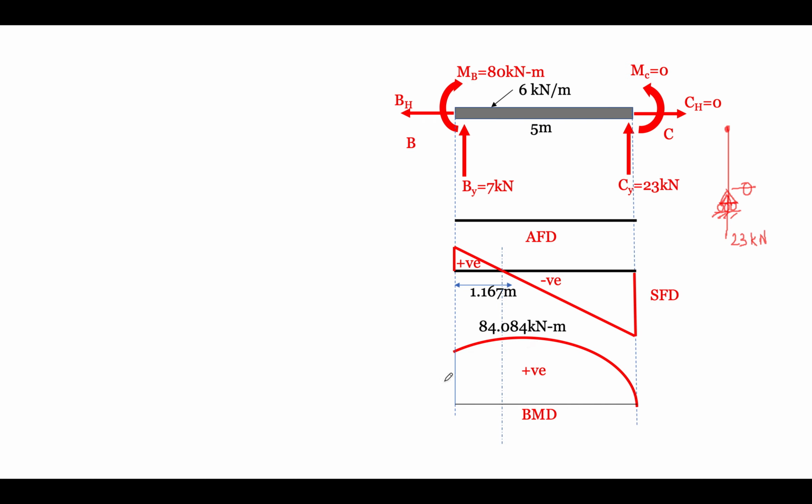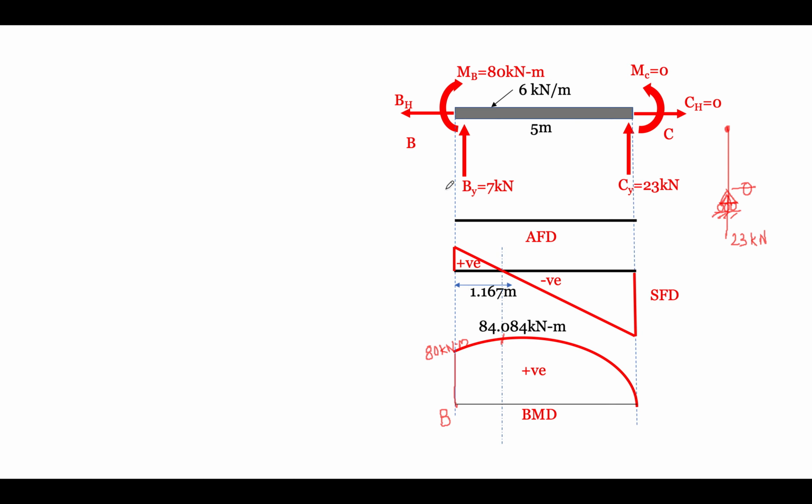At point B our bending moment is 80 kilonewton meter, so we have plotted this point. This is our 80 kilonewton meter, and the maximum bending moment is 84.084 kilonewton meter.